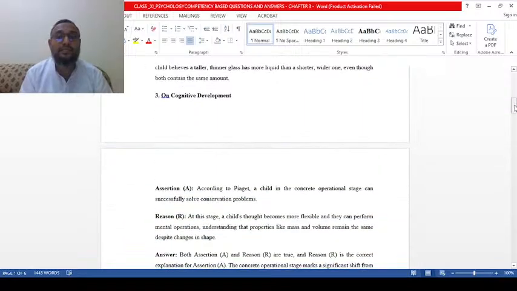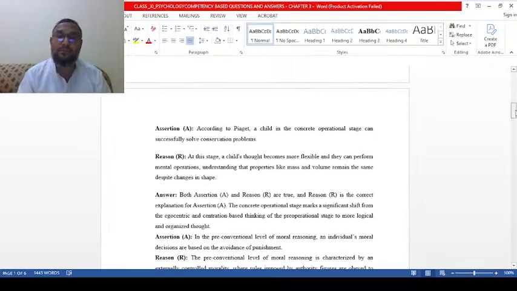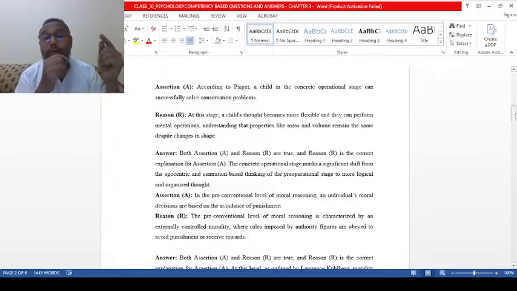In the next question, according to Piaget, a child in the concrete operational stage, pre-operational is actually 2 to 7, concrete is 7 to 11 years, can successfully solve conservation problems. Yes, the assertion is true. Conservation is not there in the pre-operational period, but conservation is there in the concrete operations.